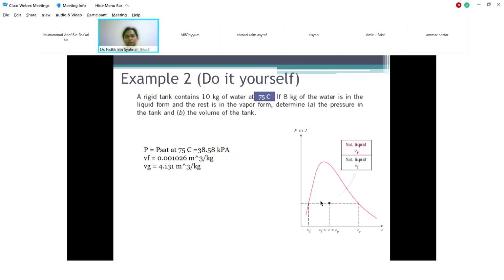The question is similar with the previous one. The only difference is 75 degrees C. Previously it was 90 degrees C, but in this case it is 75. So please challenge yourself based on the method that I explained to you just now. Please find the answer.